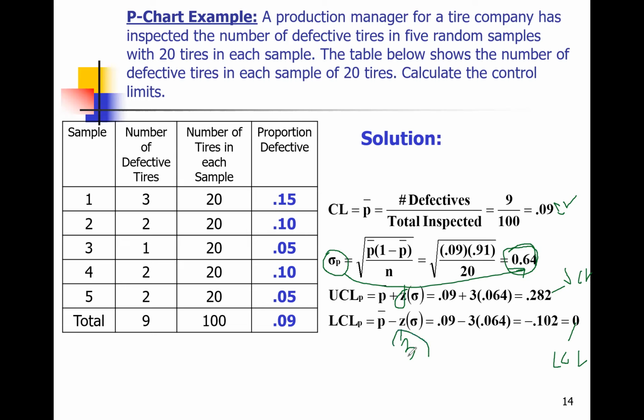Sir, will this be 0.64 or 0.064? Maybe you can calculate it. What's the value here?